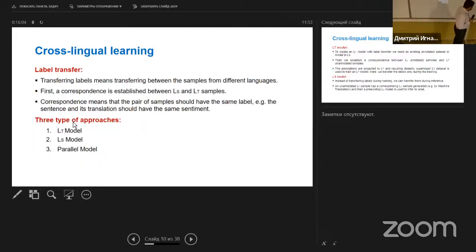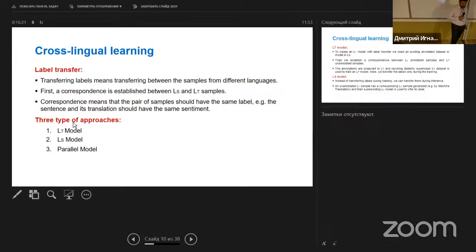Okay, so let's discuss each approach in a little more detail. As I described earlier, with label transfer we are interested in transferring the labels between two different languages. How is it transferred?